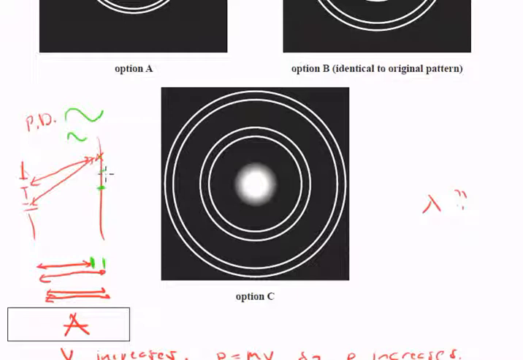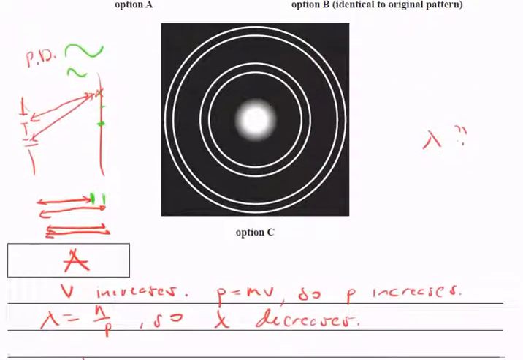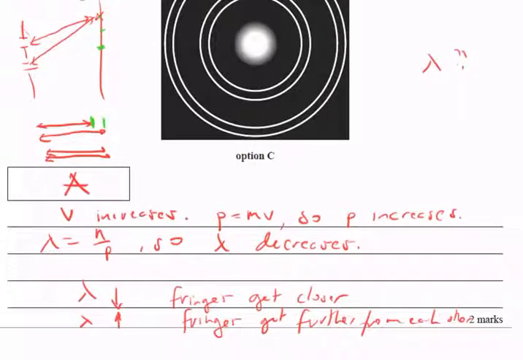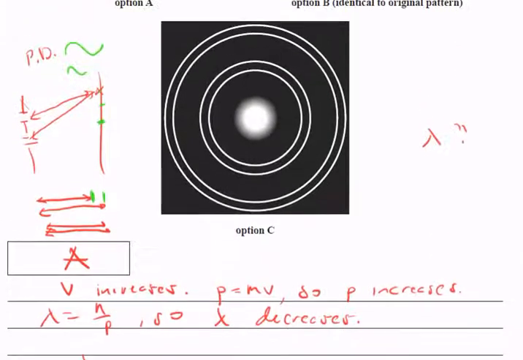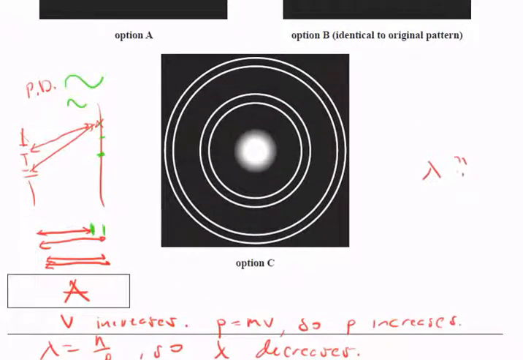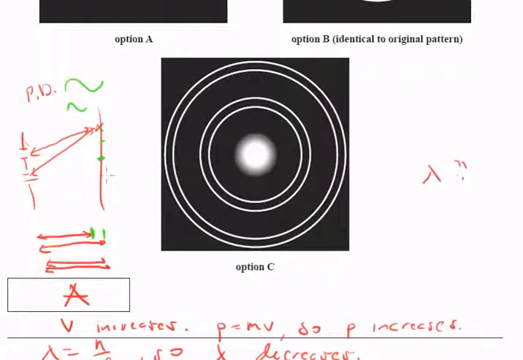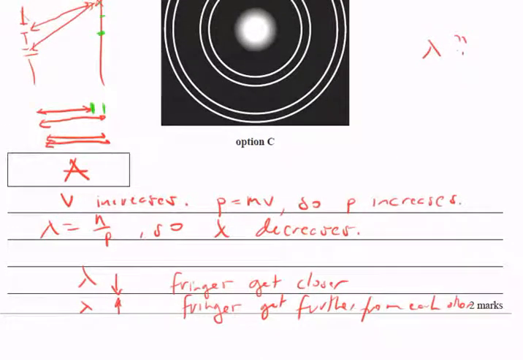So you can get the fringes closer together. That's something you might want to get your teacher to talk about better than me. I don't think I've done a particularly good job of explaining this little bit here. But in terms of getting the right answer and putting down the working, this will be enough to get the marks.